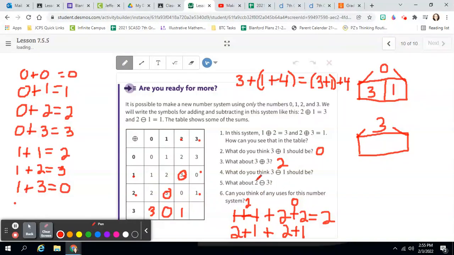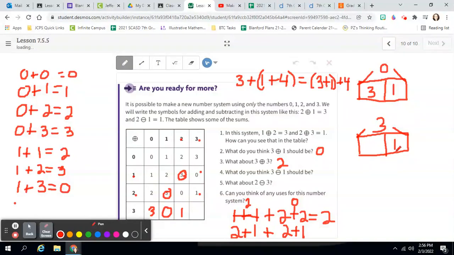Now, what should 3 minus 1 be? This is where I'm going to use a tape diagram, or bar model. I know 3 minus 1 would look something like 3. They're asking, what do you add to 1 to get 3?